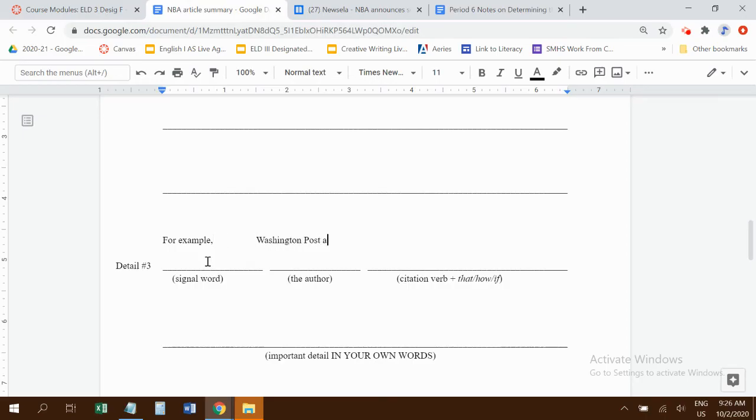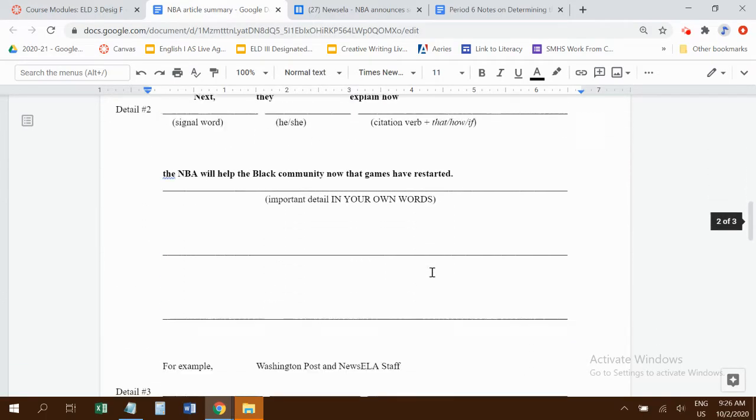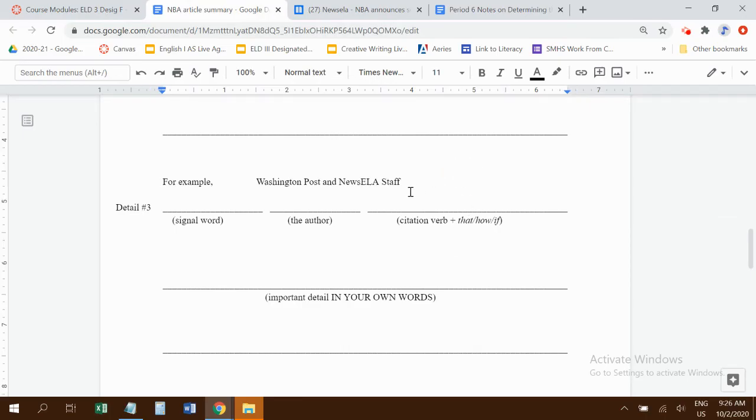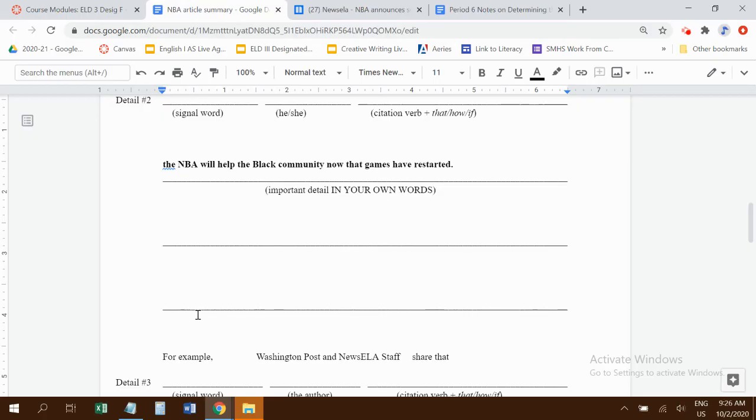Washington Post and New Zealand staff. Let's see, I need a citation verb from up here. I'm going to use shares because they're sharing detail. Washington Post and New Zealand staff share that. Okay, now I need some important details about how the NBA will help the Black community.